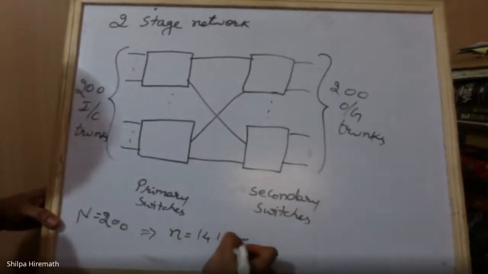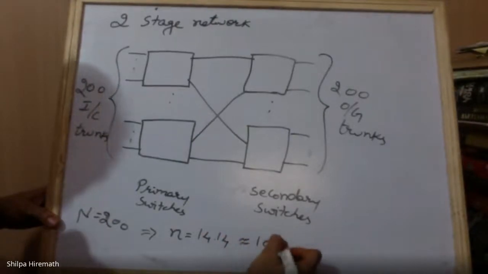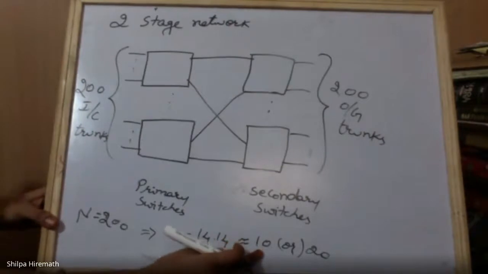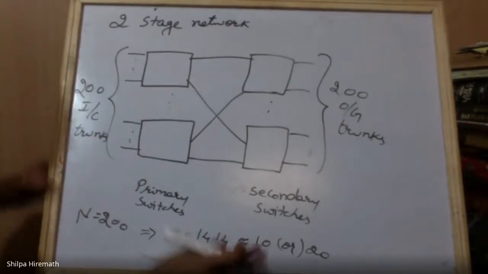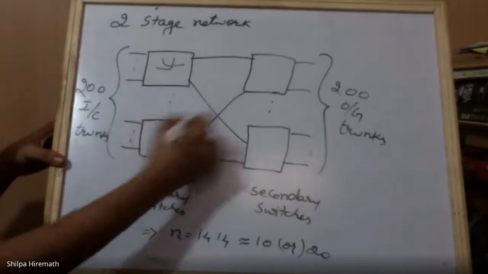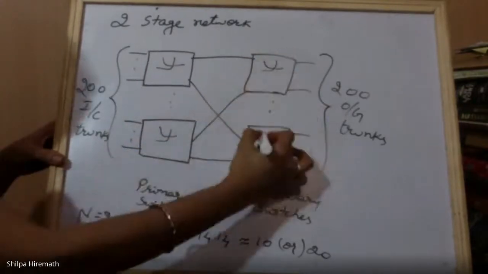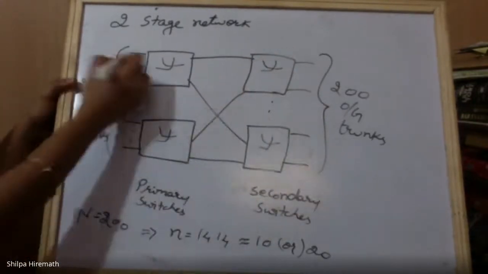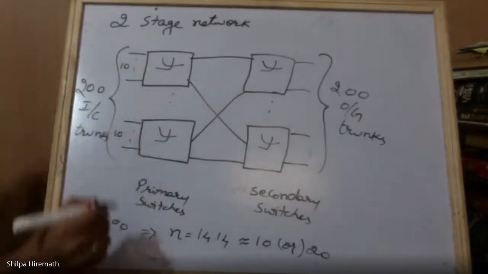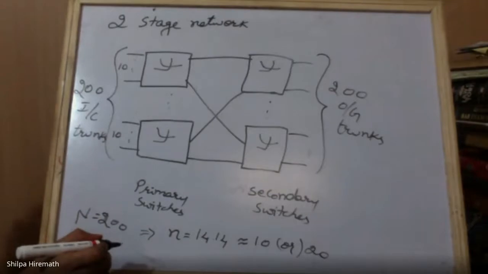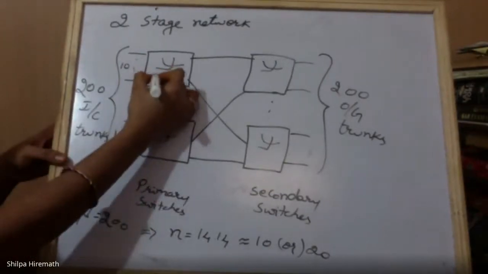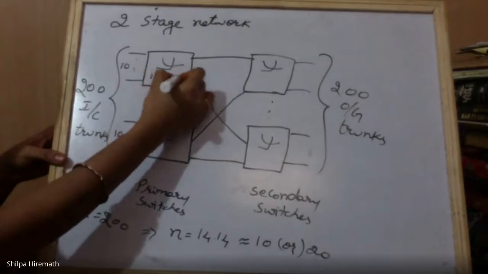So the nearby values are 10 or 20. If I am considering n value to be 10, and let me give the representation for the switch, it means that n value is equal to 10. Yes, total number of inlets for a primary switch is equal to 10. It means that it is a 10 cross 10 switch.